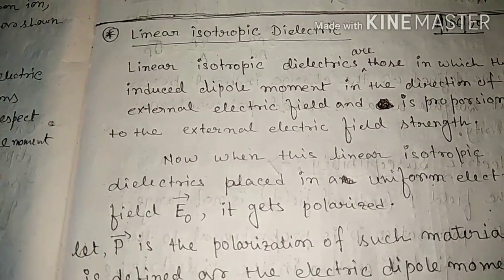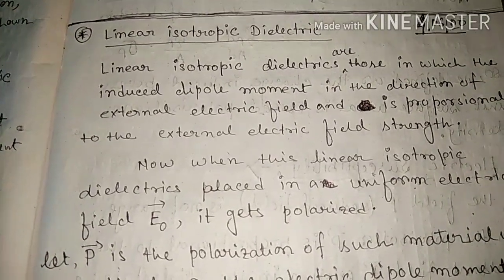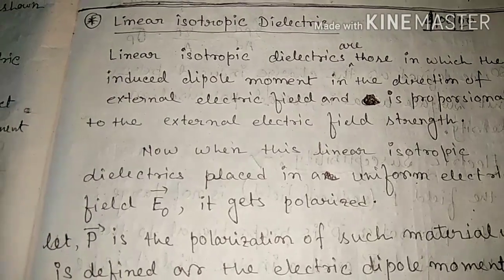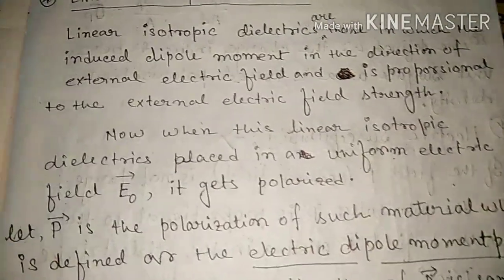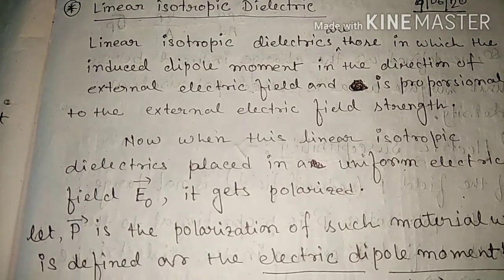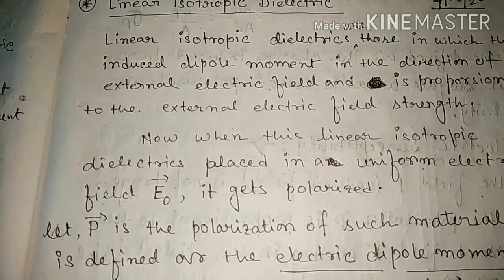As we increase the strength of the electric field, the dipole moment strength also increases. If the dielectric is placed inside a uniform electric field, denoted by E0, it gets polarized.